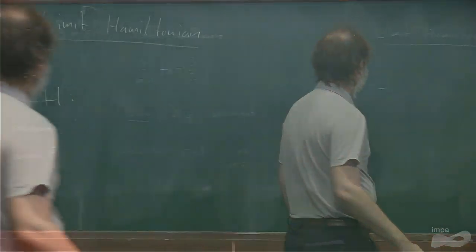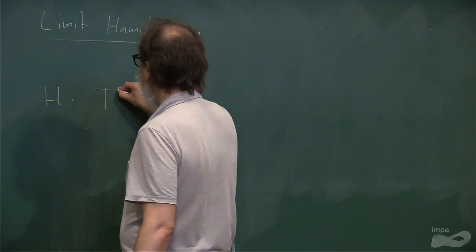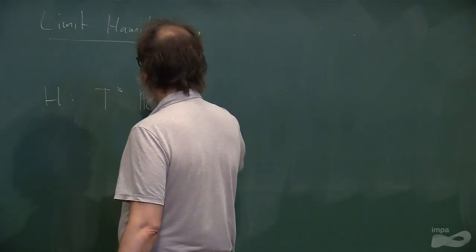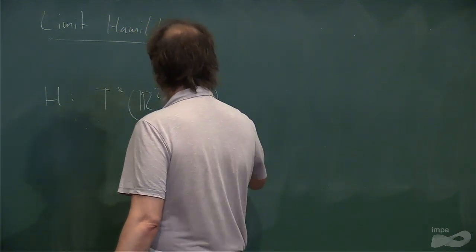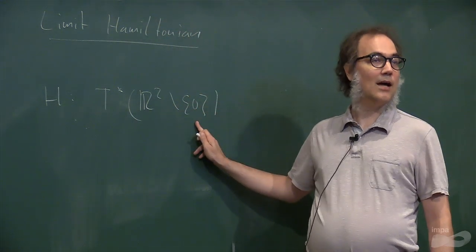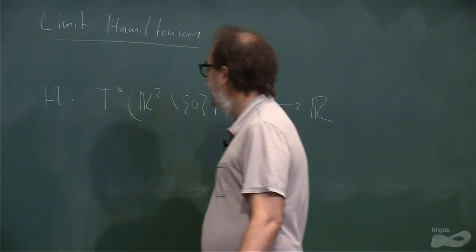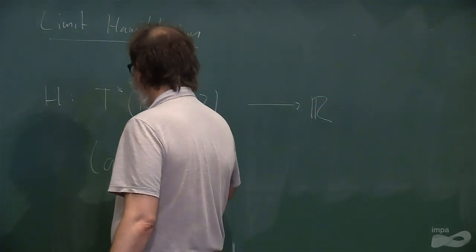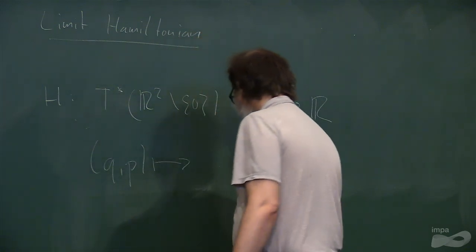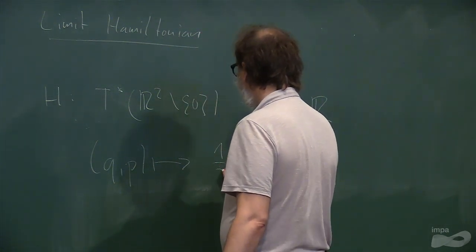So the limit Hamiltonian is defined on T*R^2 without origin, and the origin is now the Earth, to R. And it maps (q,p) to 1/2 ((p1 + q2)^2 + (p2 - q1)^2) plus 1 divided by |q|, minus 3/2 q1^2.